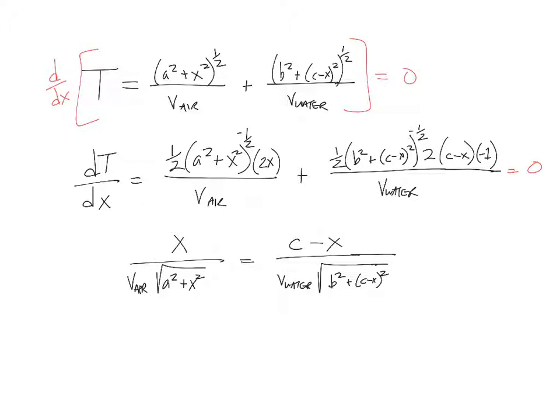In one sense, you could almost just reason straight to this point proportionally, because if you remember, we had our transition. Here is that a squared plus x squared side. Here is the b squared plus c minus x squared side.